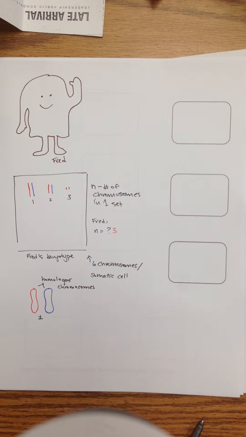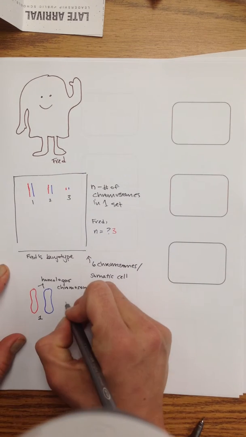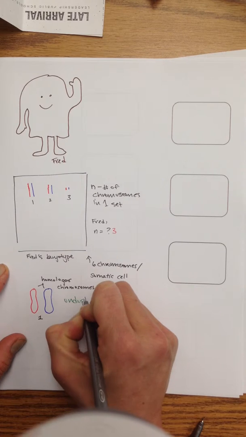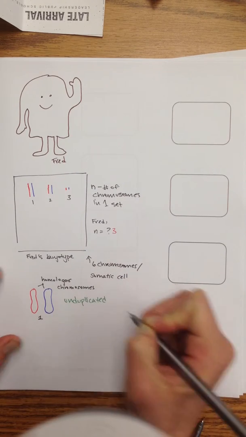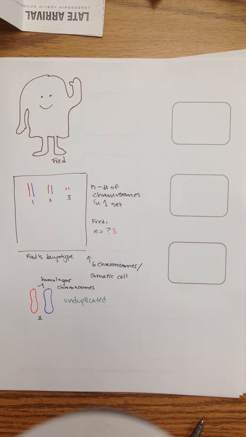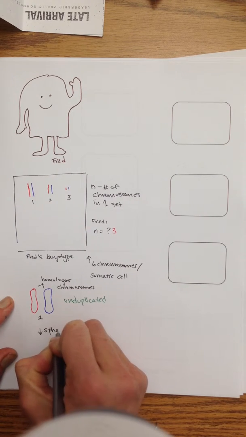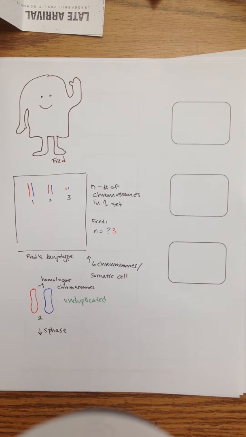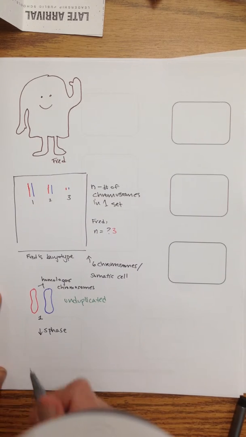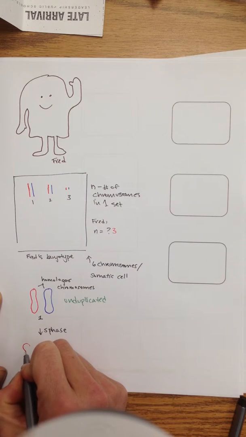And they are unduplicated. So if you remember back to mitosis, they haven't gone through S phase. They haven't made copies of themselves. If they went through S phase, synthesis phase, I would actually draw them like this.